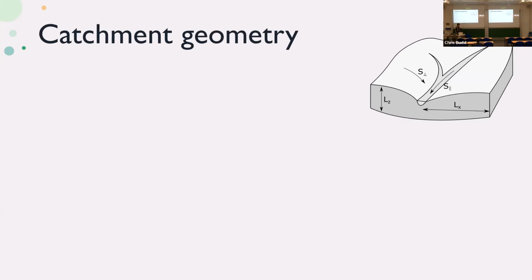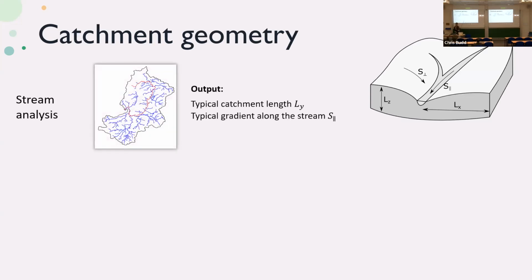We used the Ordnance Survey data, for example, the map of all streams or rivers in UK, to find the typical length of the catchment, which we define as the length of the longest stream or the length of the main river, to get a sort of idea of the extent of the valley that we want to model.